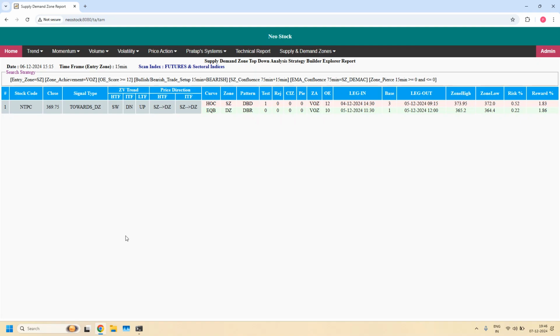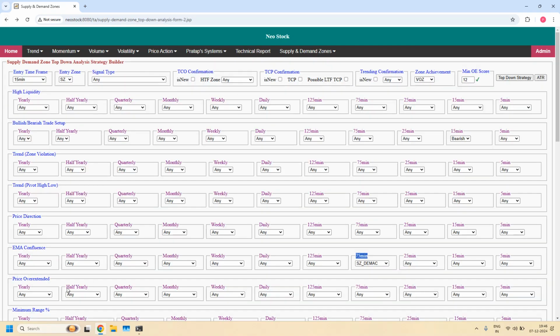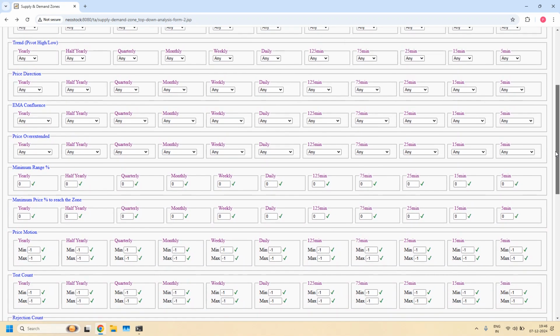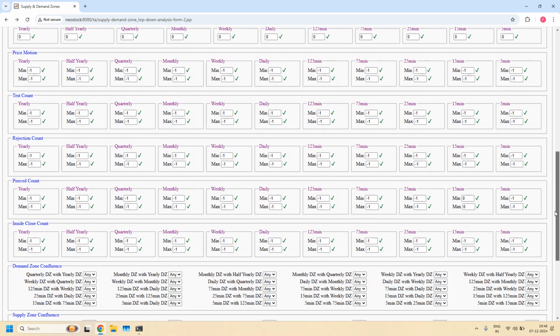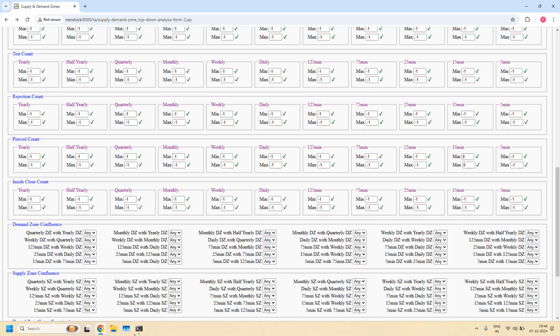Next, let us look for LTF, ITF and HTF supply zone confluence. So I am removing this EMA filter. Earlier we got 4 stocks. Out of 4, how many will have LTF, ITF, HTF supply zone confluence? Already 1 filter is enabled, 15 minute supply zone with 75 minute supply zone confluence.